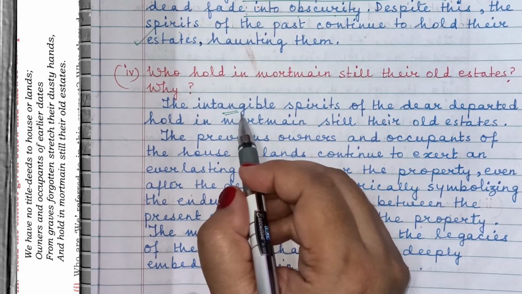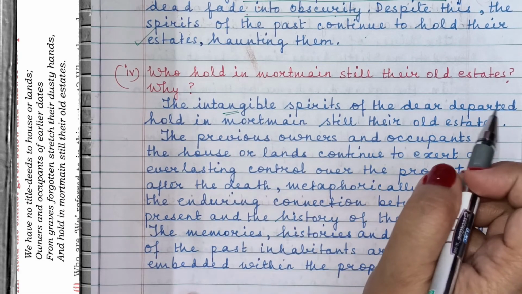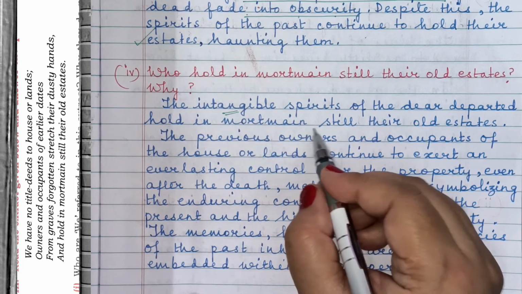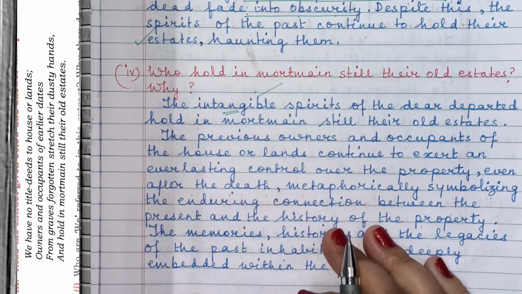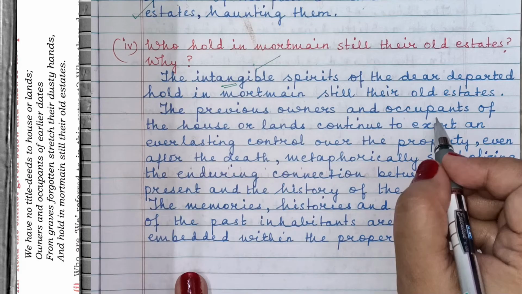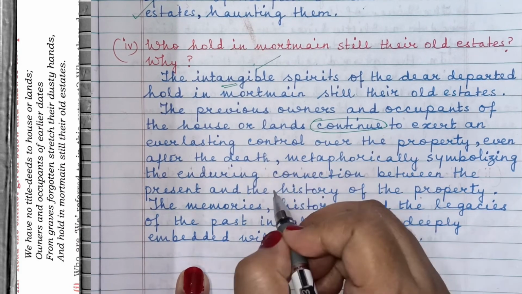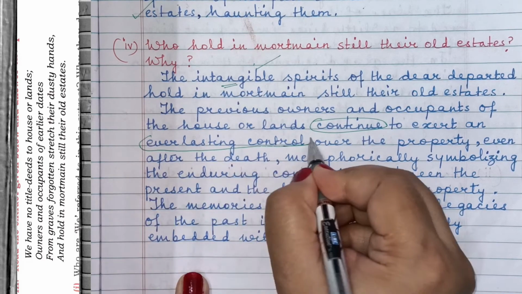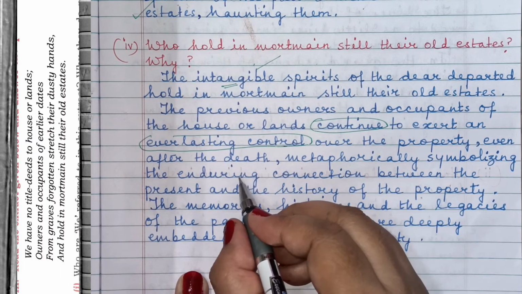Hence, the spirits are intangible. The intangible spirits of the dear departed hold in mortmain still their old estates. And why? The previous owners and occupants of the house or lands continue to exert an everlasting control over the property even after death.